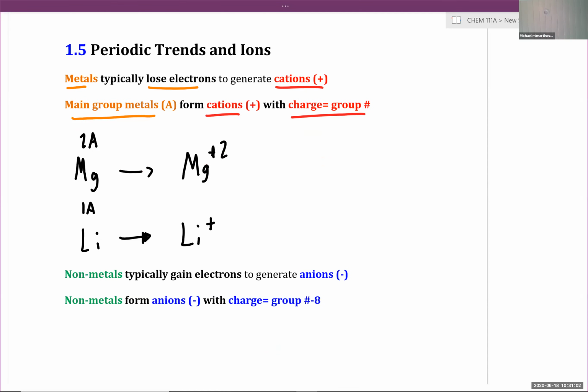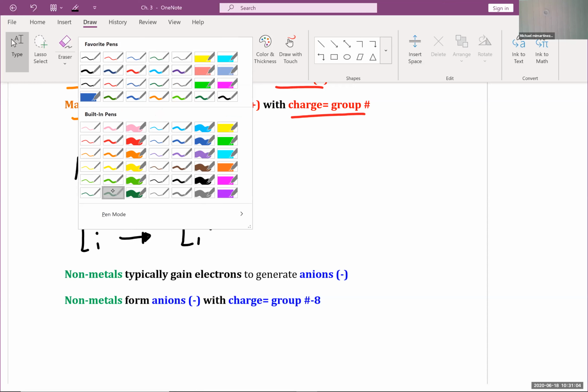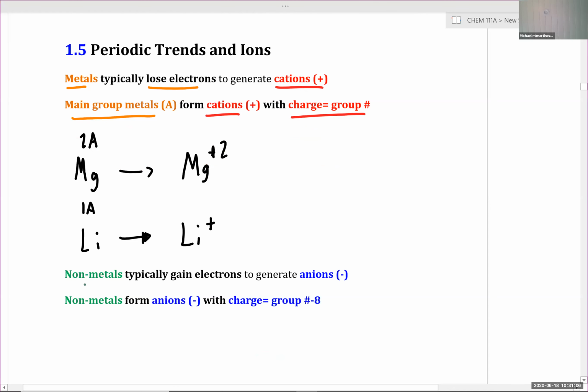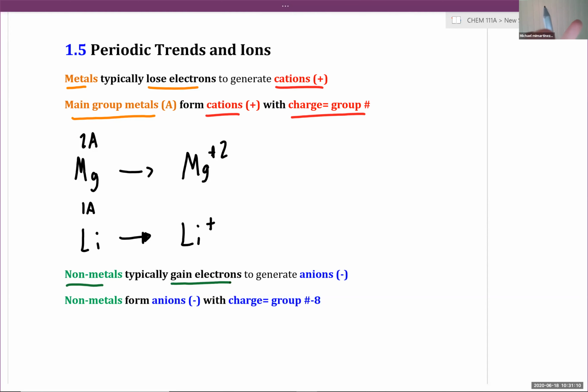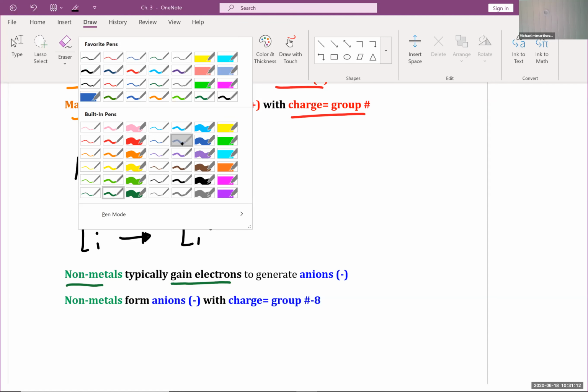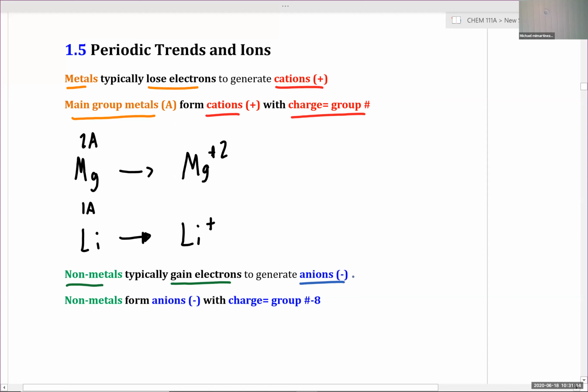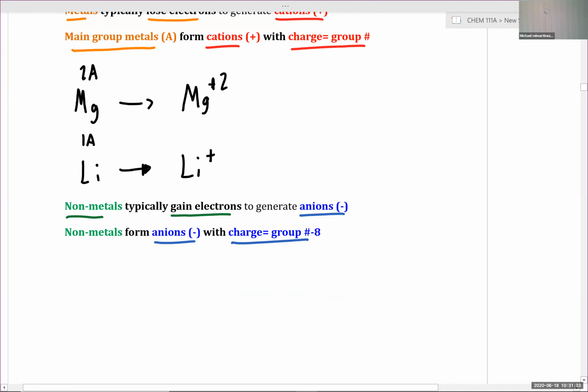Our nonmetals are pretty electronegative, and as a result, they typically gain electrons. As these nonmetals gain electrons, they prefer to form anions. So as a general rule, nonmetals like to form anions with charge equal to the group number minus 8.